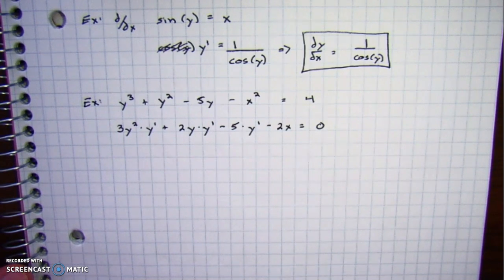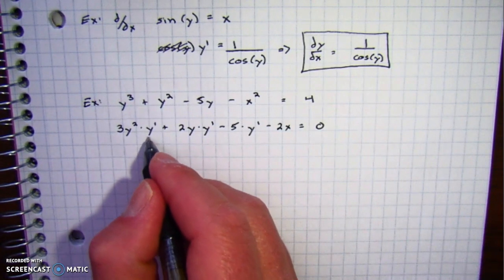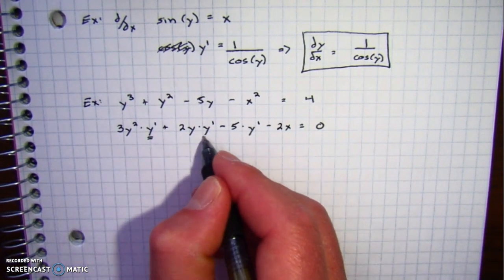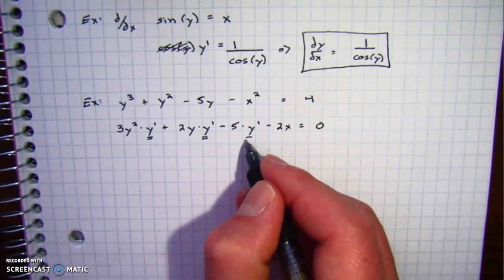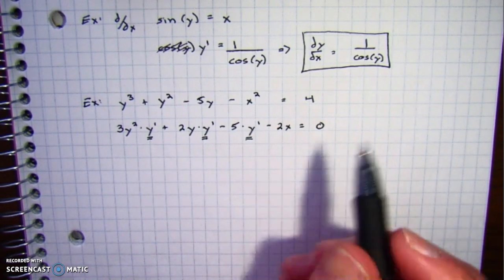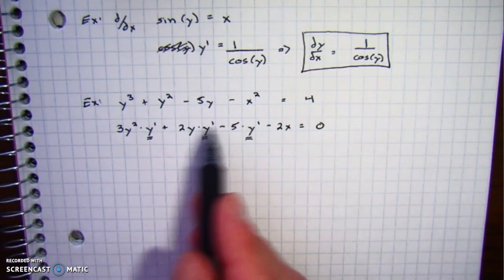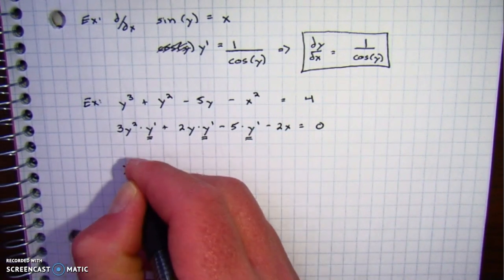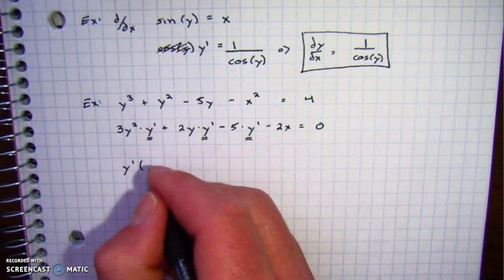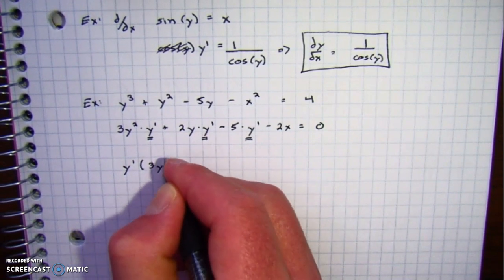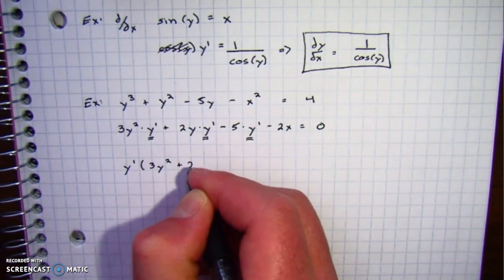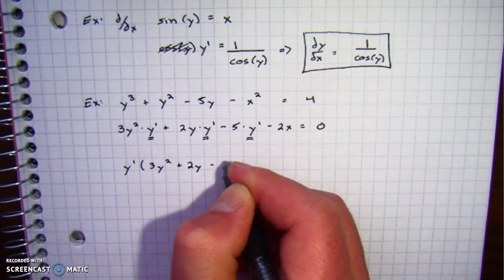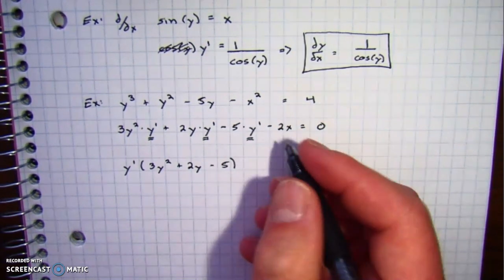So let's take a look at a technique. I've got a bunch of stuff with these y primes on it. So because I have those, I'm going to factor them out to the front. So I've got y prime times 3y squared plus 2y minus 5.